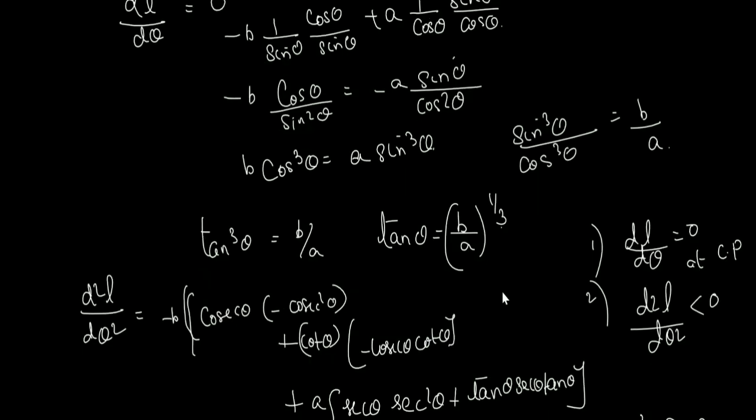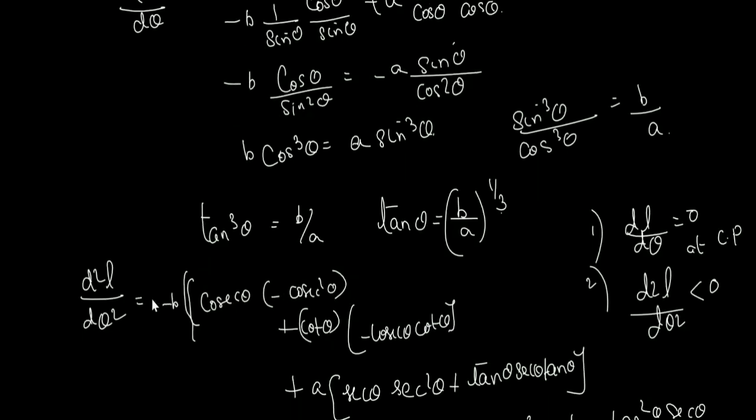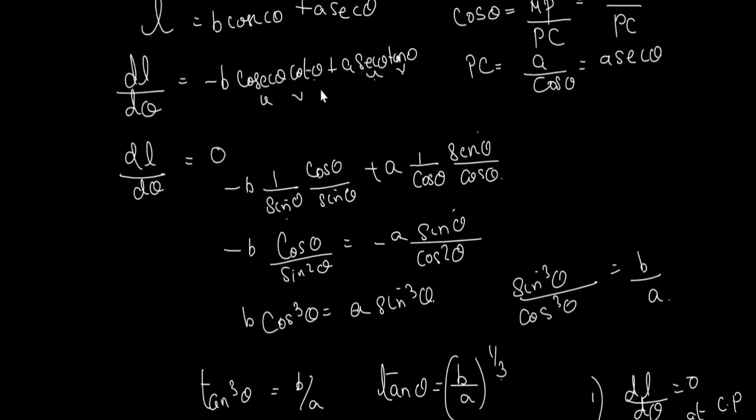So now we have to find the second differentiation of this. To find whether it is maximum or minimum, we differentiate, equate to 0 and find the critical points. We found the critical point as tan theta equal to B by A the whole power 1 by 3. Now differentiate again. If it is a minimum length, you should get d square L by d theta square greater than 0. Let us find whether it is greater than 0. So differentiate this function again, UV method.